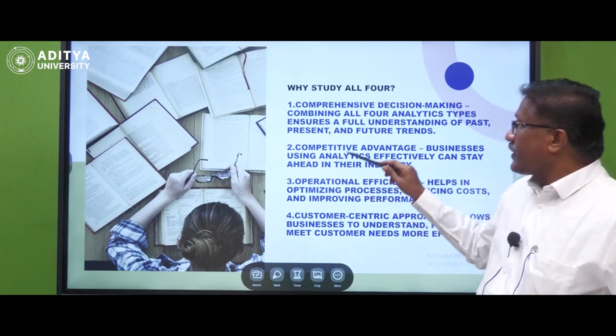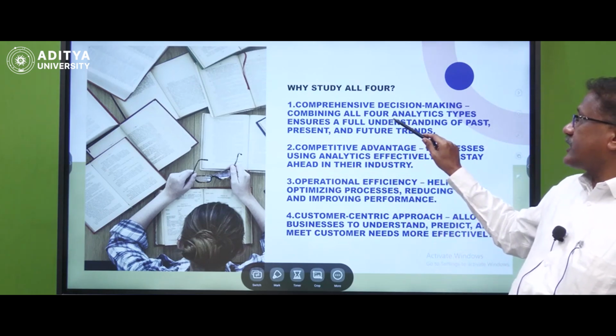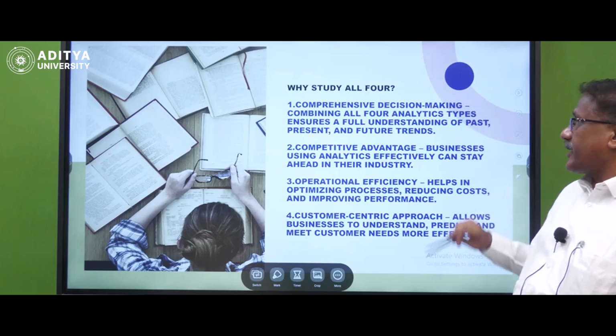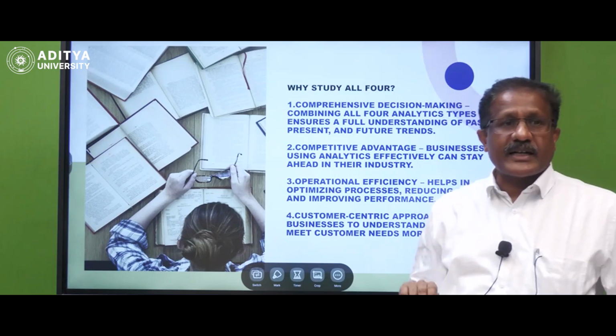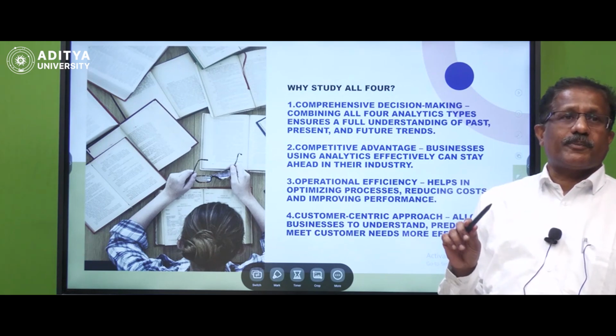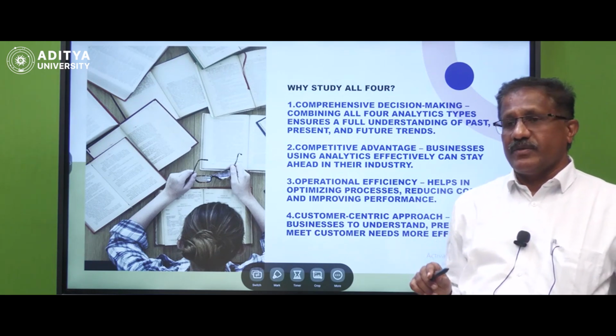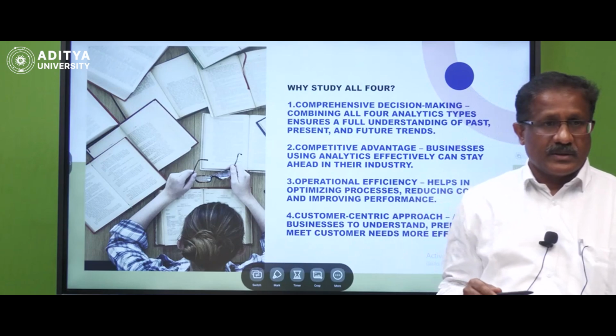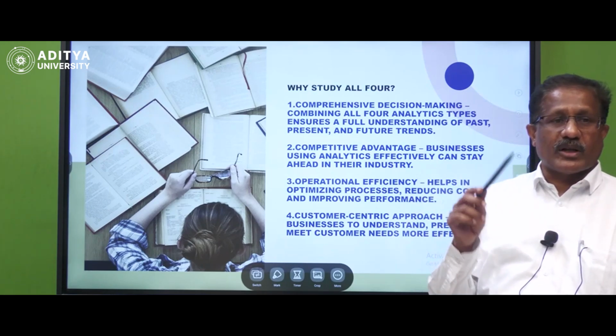For one example, I am talking about comprehensive decision making. For example, Tata Group invested a huge amount of money for a particular product which was supposed to be launched, for example, filter coffee powder.